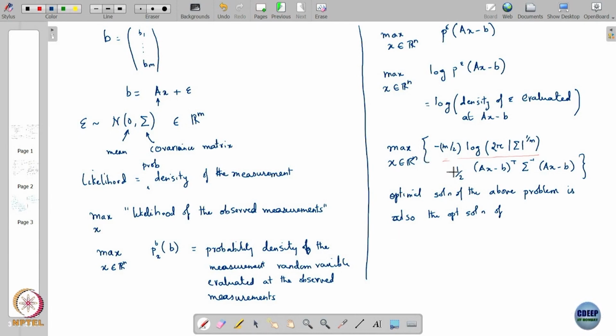Now, that is maximization of a negative quantity. There is a minus sign outside, maximization of minus of this. So, that is actually equivalent to a minimization of the same thing multiplied by minus 1, that is, minimization of (Ax minus b) transpose sigma inverse (Ax minus b).